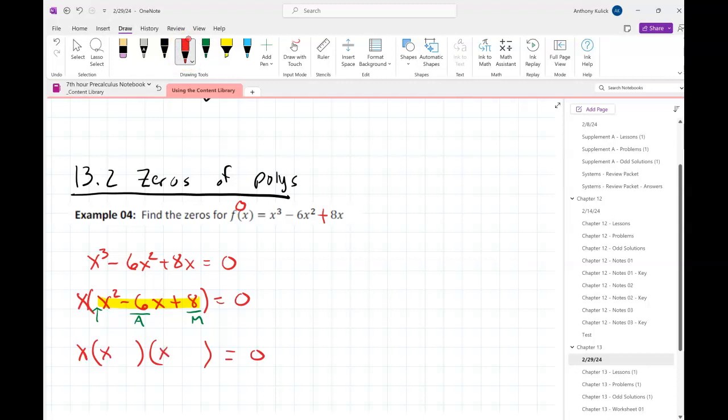What 2 numbers do that? Well, 4 plus 2 is positive 6. Negative 4, negative 2. Negative 4 and negative 2 multiply to give you positive 8, and they add to give you negative 6.